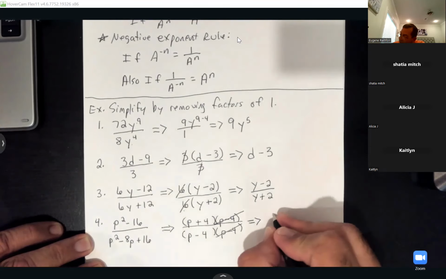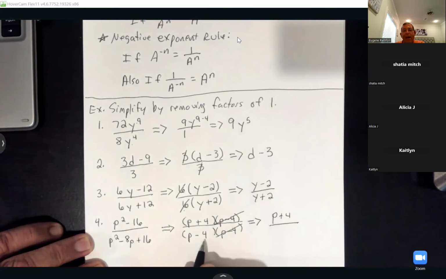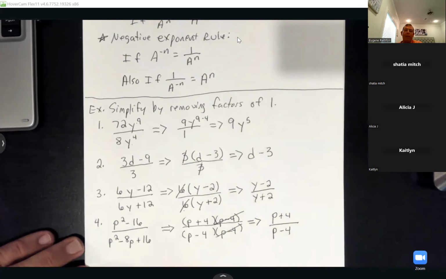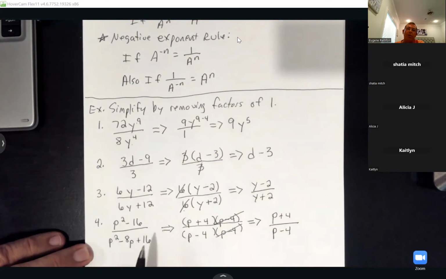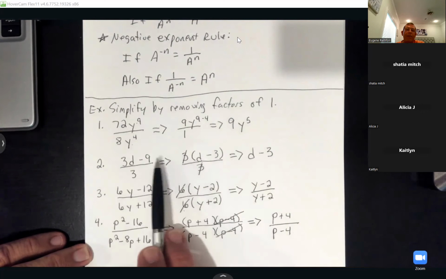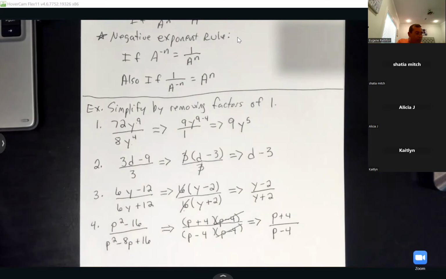We got a p plus 4 on top over a p minus 4 on the bottom. So y'all, the trick on this section is really being able to factor, like I factored out the greatest common factor on 2 and 3. And then 4, we had to actually factor this into 2 sets of parentheses.